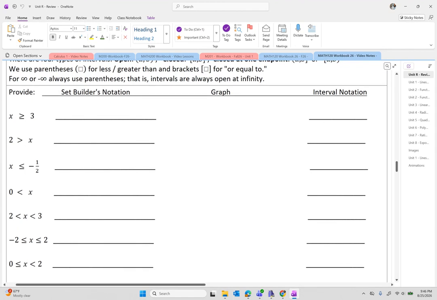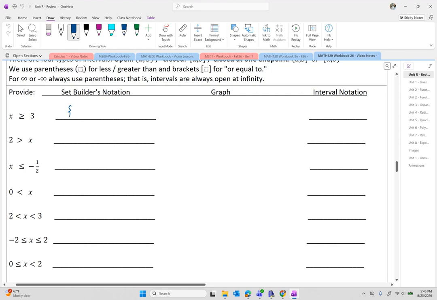So if we want to write x greater than or equal to 3 as a solution set, we can do the solution set in set builder's notation if we write x such that x is greater than or equal to 3. We can graph this if we have the number line. We put the number 3 on the line, which is called the critical value.